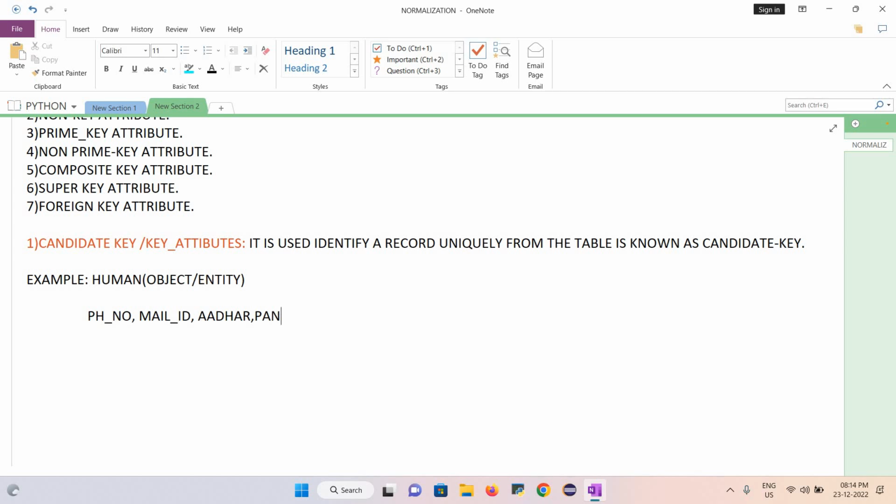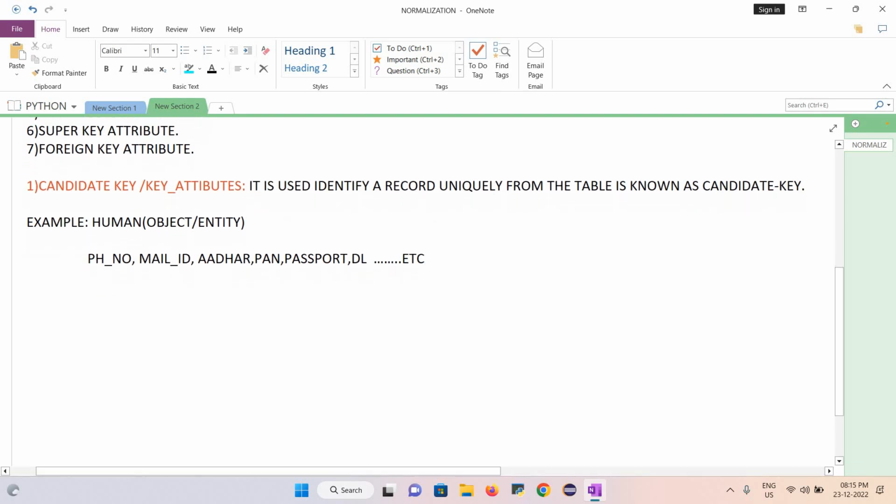If you have a PAN card, we also consider that, and the passport is also a very important one, and DL. Like this, we can select different attributes which represent the unique identity of the particular object. So phone number, mail ID, Aadhaar card, passport, DL, these all belong to the candidate key.